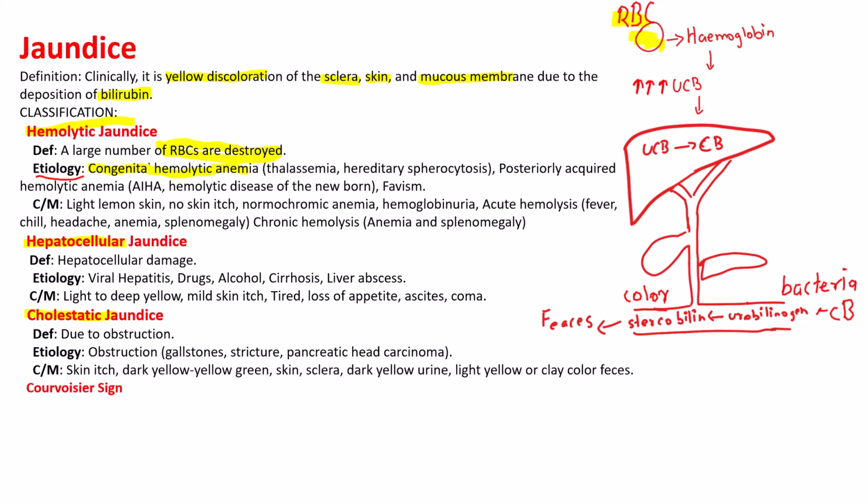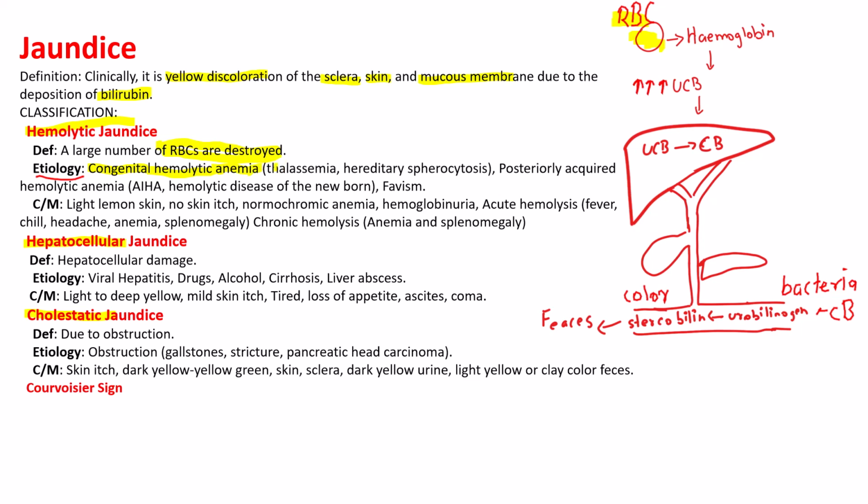Congenital means by birth. Hemolytic is derived from hemolysis, the process of breakdown of red blood cells. And anemia means a lower amount of red blood cells, because we are breaking down a lot of red blood cells, so red blood cells are fewer in our blood.